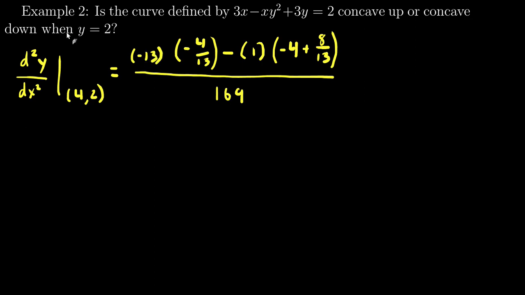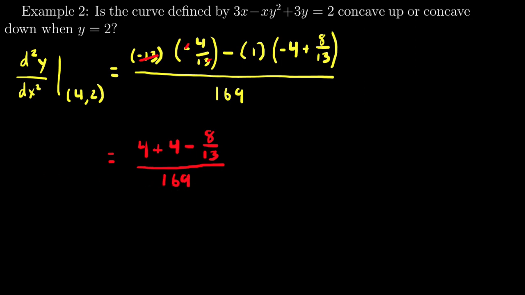We cross off some stuff. Negative 13 times negative 4 over 13 is just positive 4. One times this just gets through there and distribute the negative, so I get a plus 4 minus 8 over 13 all over 169.